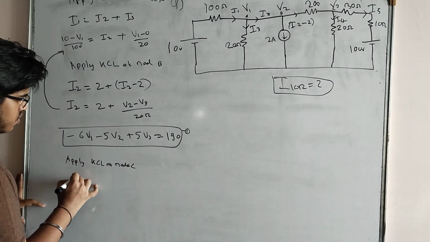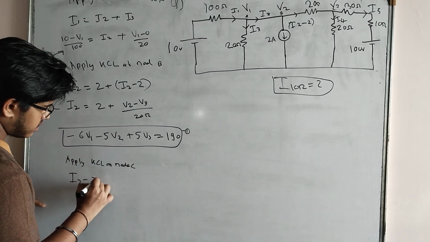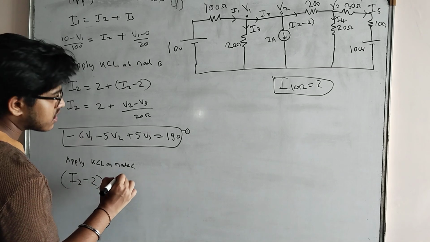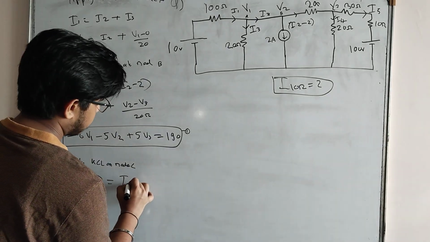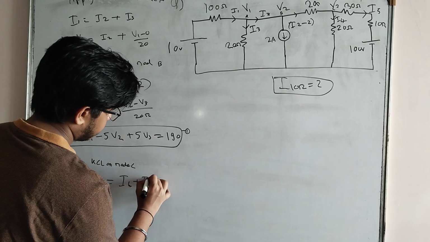Okay, so I2 minus 2 is equal to I4 plus I5, correct? Yes, correct.